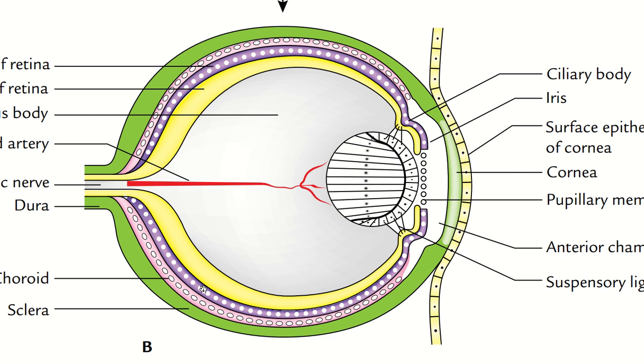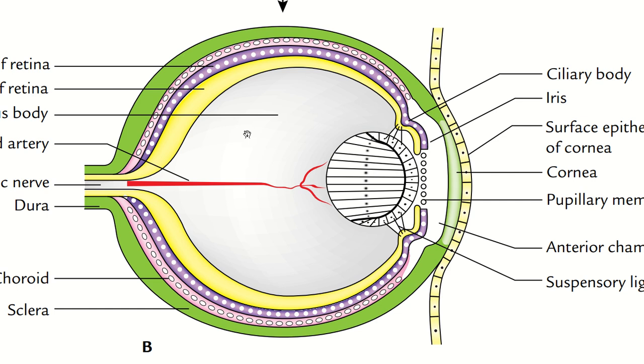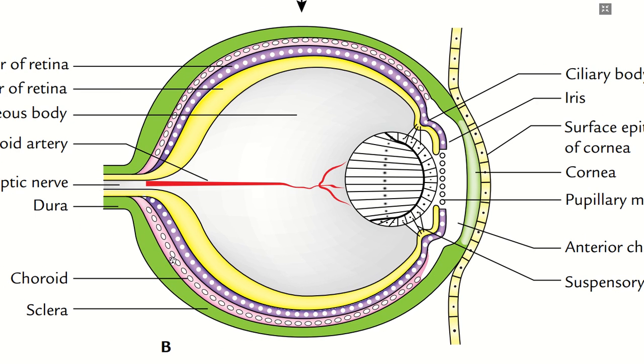The forebrain around the neural tube is going to be surrounded by pia mater, and then by dura mater. So the extension of the pia mater coming from the development of the brain is going to extend as the choroid. The choroid is the extension of the pia mater. You understand? That's going to be your vascular layer.